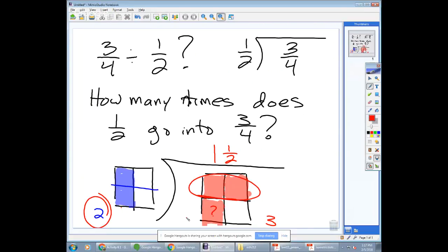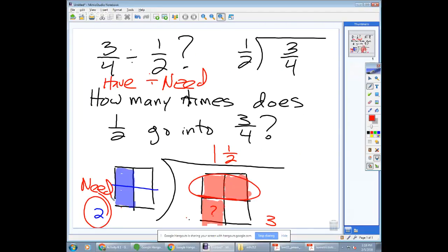Another way to think about this is, say this is have, and this is need over there. So I need groups of 1/2, and I'm looking to see how many of them there are. Another cool thing about the answer, check this out.